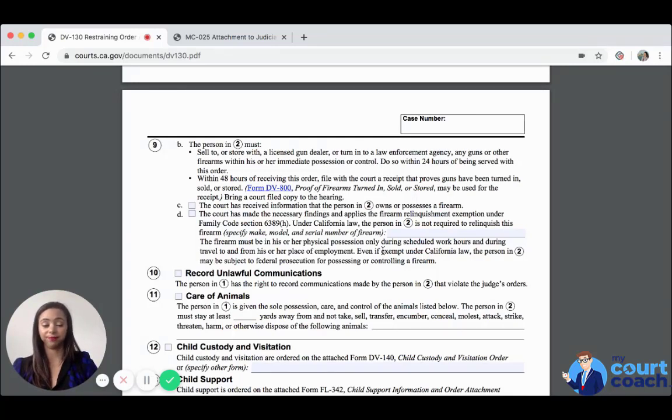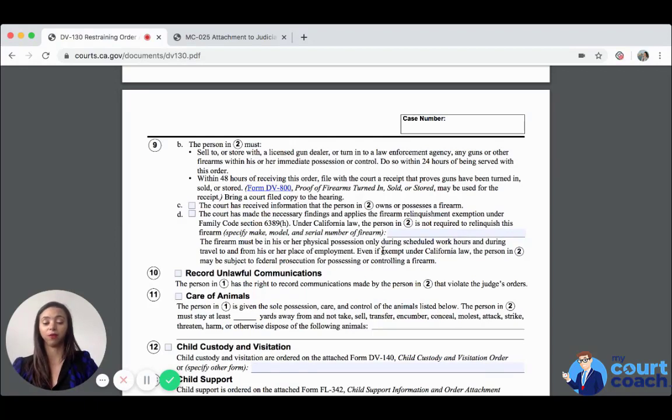If they fail that, then the court will likely not exempt them. So this is a very particular code section. It only applies to a small population of individuals that go through restraining orders and have restraining orders issued against them.